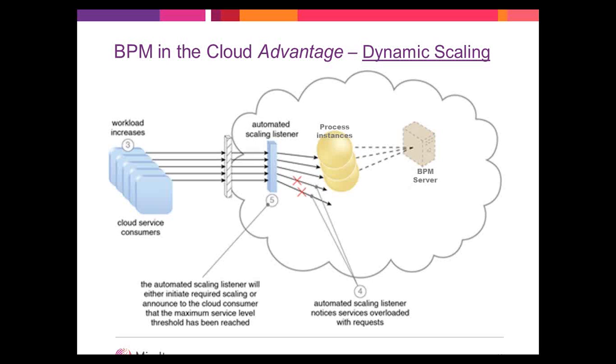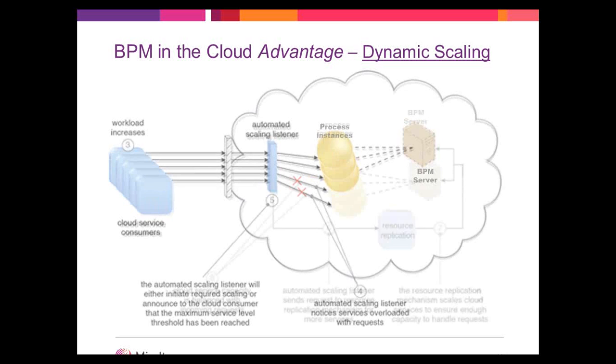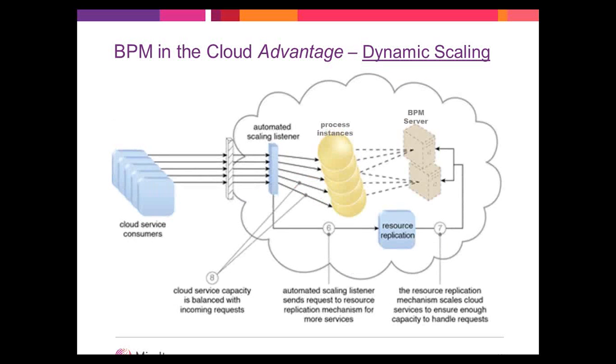If you have a solution on cloud, when there is a surge in requests, an automated scaling listener listens to it. When the number of requests goes above a certain threshold, the automated scaling listener interacts with a resource replication component which provisions a new BPM server.